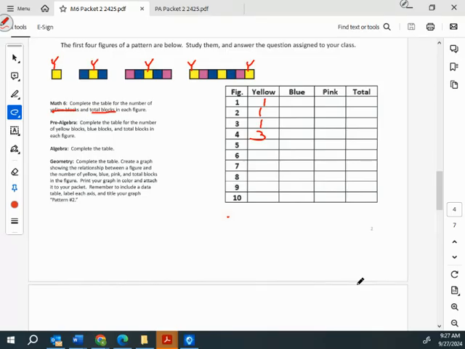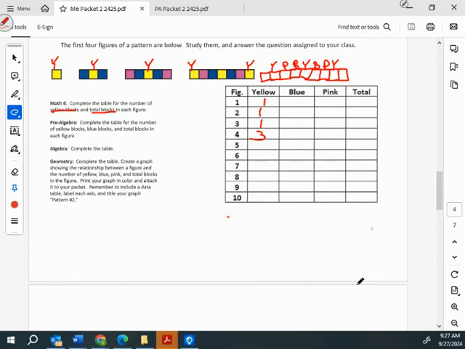I'm going to say, okay, we have a yellow, then we had blue, then we had pink, then we had yellow. So I had yellow, and yellow, and yellow. Now for figure 5, I'm going to add 2 more blocks. Well, if this was blue, and this was pink, and then yellow, what color am I going to be adding on, Bennett?